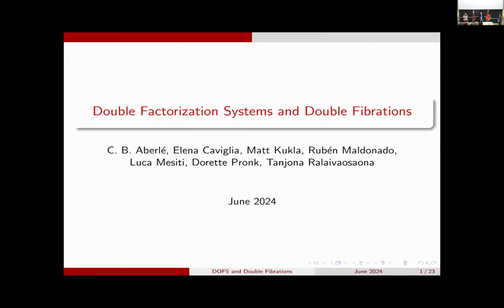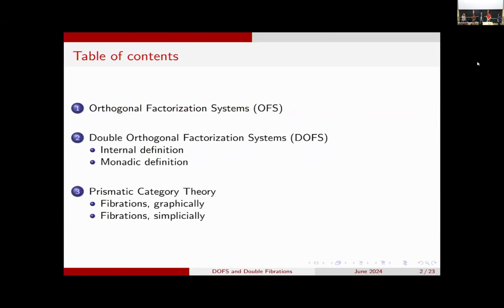So in preparation for this week, we had been studying fibrations and double categories, and I always like to compare my research to hiking. So we got to know the landscape and the mountains around us that we wanted to climb. And we realized that a number of our mountains were too technical for a regular hike.